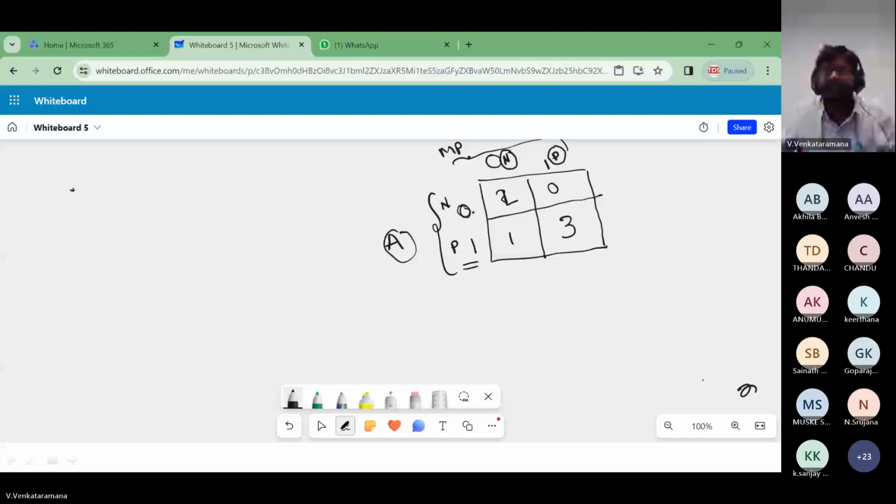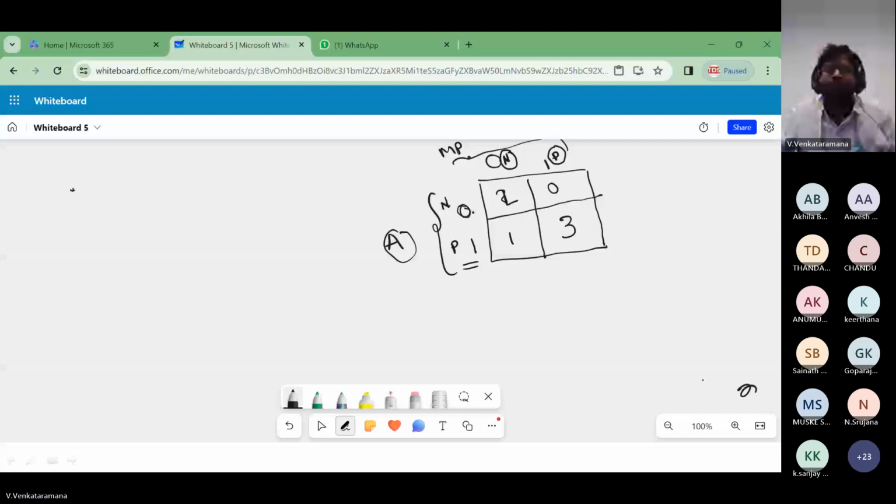This cell I'm asking. Are you able to see this one? This cell.